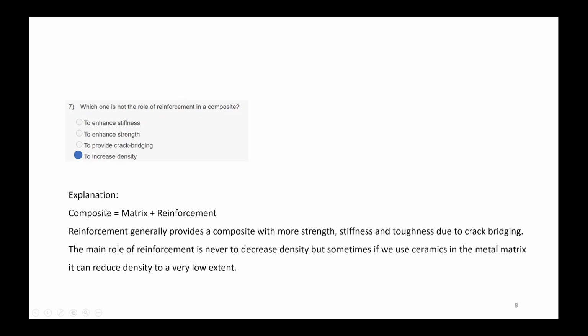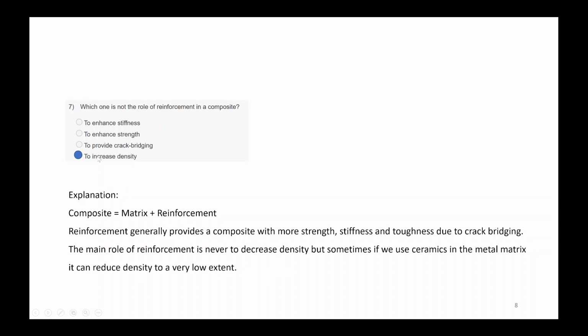Now composite is what? It is made of matrix and reinforcement. The reinforcement generally provides a composite with more strength, stiffness and toughness due to crack bridging. The main role of reinforcement is never to increase density, but sometimes if we use ceramics in the metal matrix, it can reduce density to a very low extent.